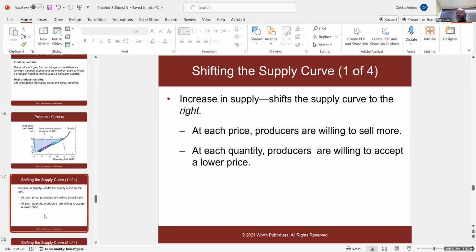Technology, for example. When a firm discovers new technology, they are able to produce more output, so they're going to supply more. Lousy technology, they produce less. The number of producers: when you have many producers of a good in the marketplace, we supply more.